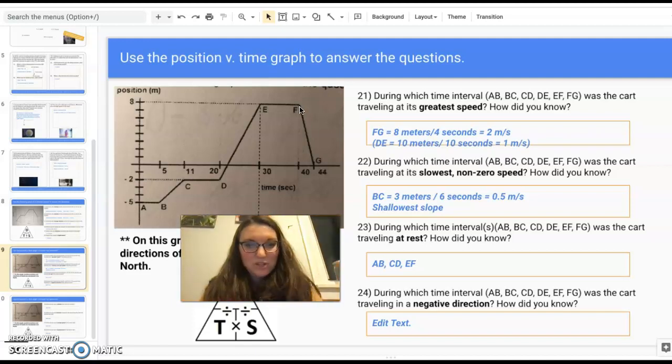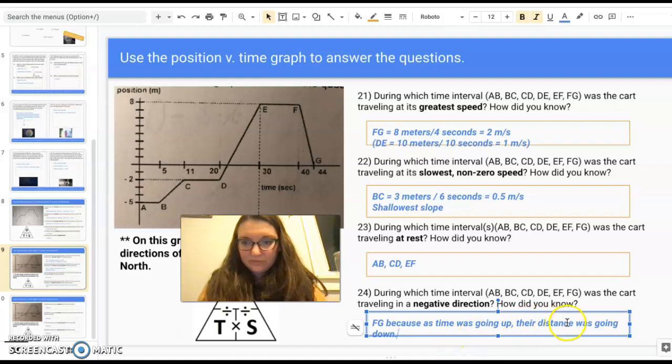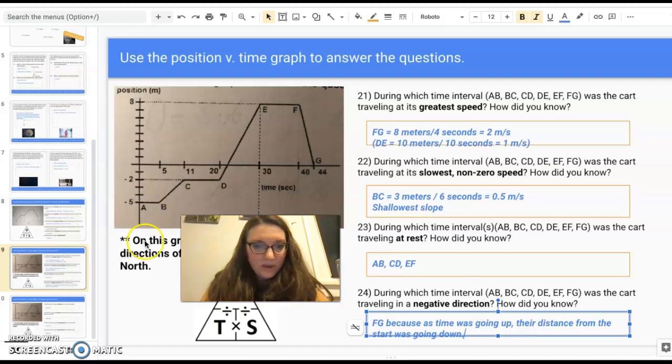That gives it an inverse relationship, and that causes that negative slope. So we're going to say between F and G, because as time was going up, their distance was going down from the start. Okay.